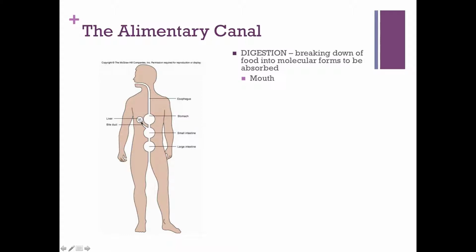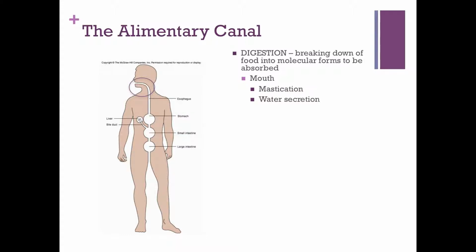As we go throughout this track, we'll talk about mechanical and chemical digestion. Mechanical literally means muscle related, so mechanical breakdown of food products. And then we'll talk about chemical digestion, which involves various enzymatic alterations to the food products to break them down into their absorbable parts. Beginning in the mouth, there is both mechanical and chemical digestion.